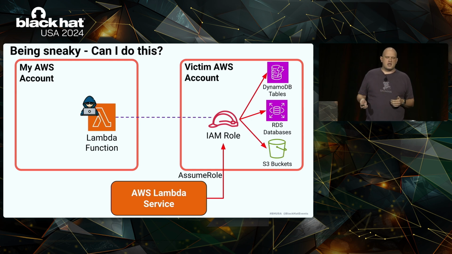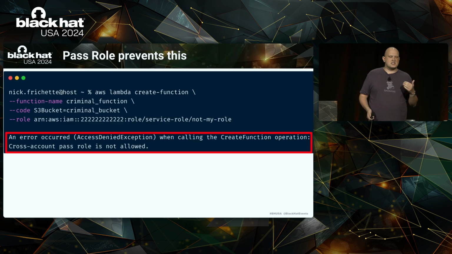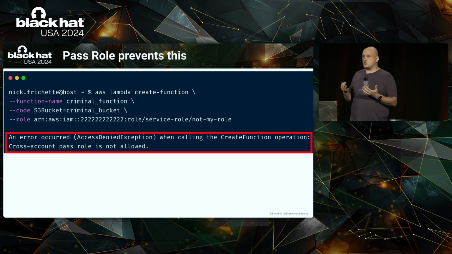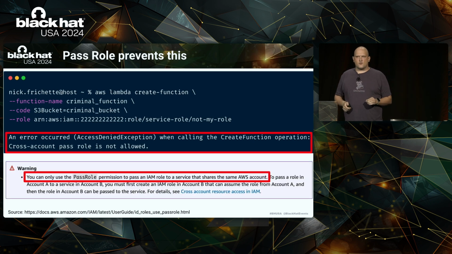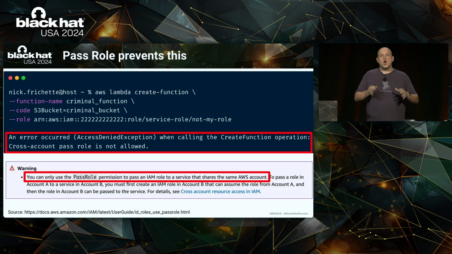Well, the good news or bad news, depending on your perspective, is there is something that stops this, and that's called PassRole. Anytime you are providing an IAM role to an AWS service so that it can be assumed, you are interacting with PassRole. One of the core tenets of which is that you can only pass a role within the same AWS account. If you try to pass a role outside of it, you'll get the error message, access denied, cross-account PassRole is not allowed.